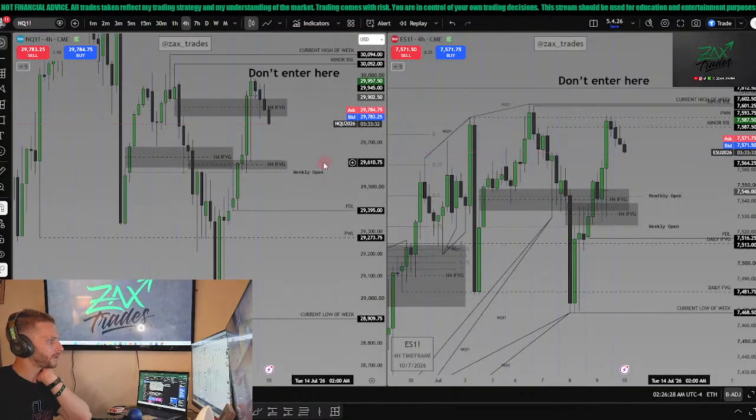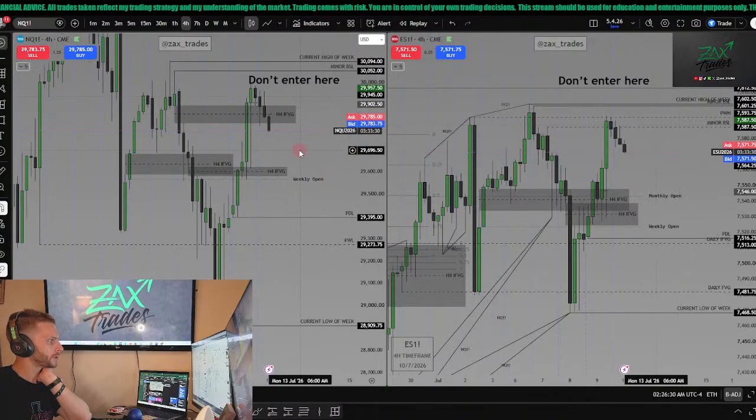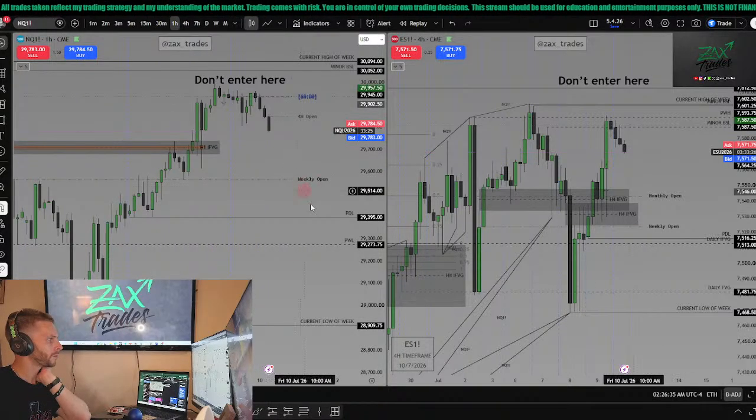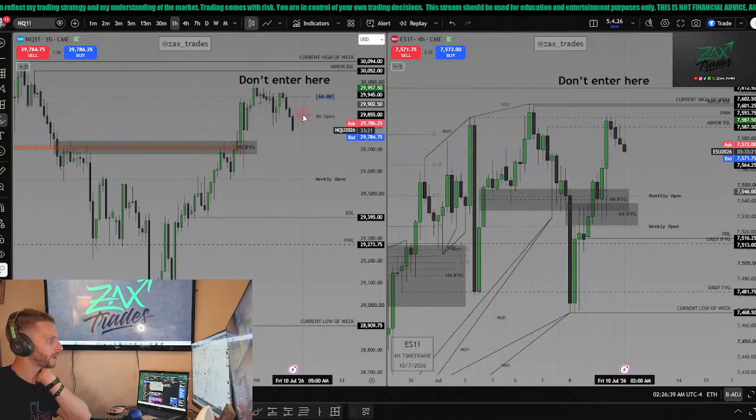So what I essentially want to see price do, to keep it very simple. Okay, let's go to the 1 hour so that you can see my little 4 hour indicator right here.